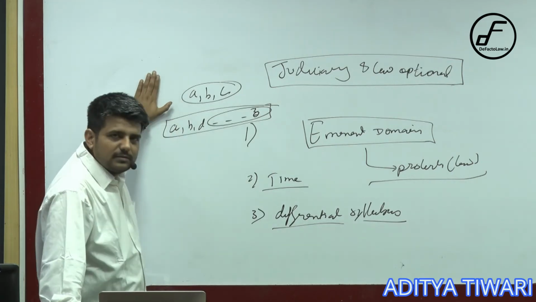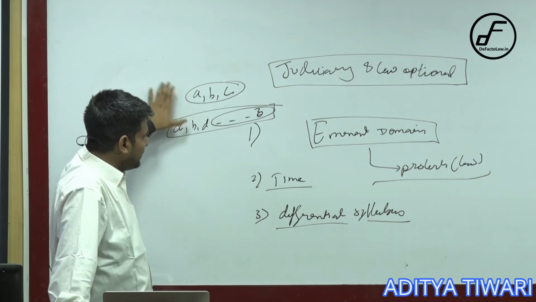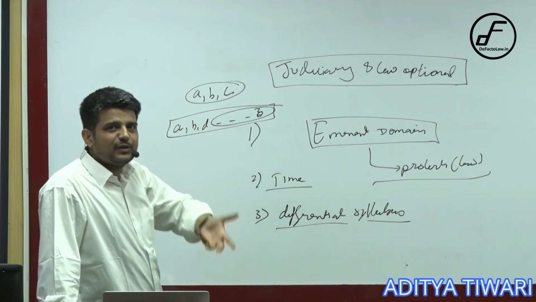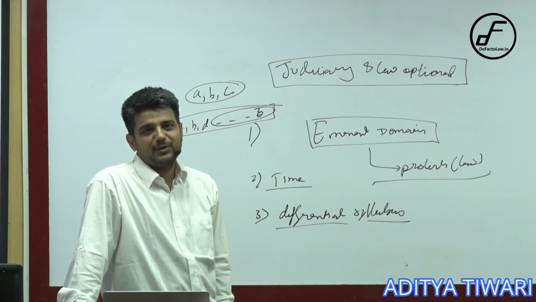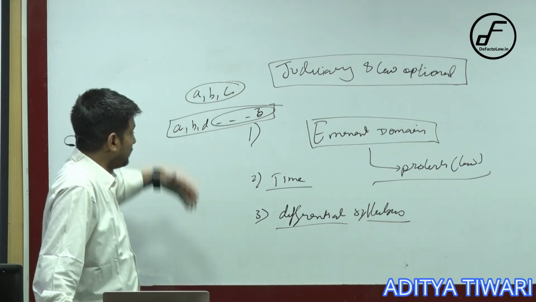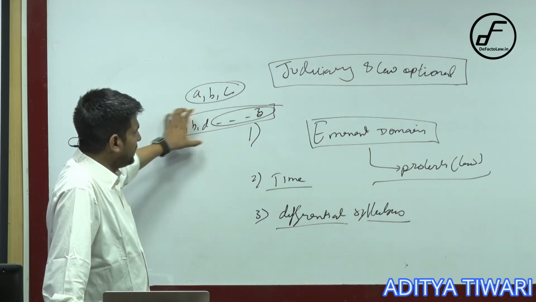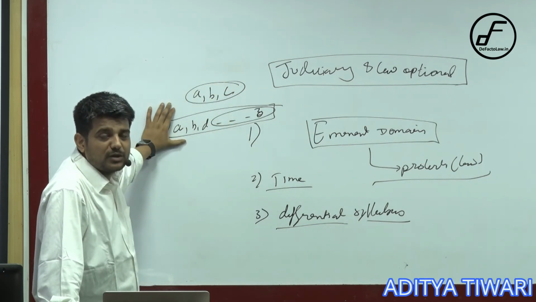So how will you manage it? Even if the syllabus is the same, the relative weightage of where questions come from is different. You won't be able to do justice to both, because if you focus only on UPSC, you will lag in judiciary, as not many questions come from that portion.